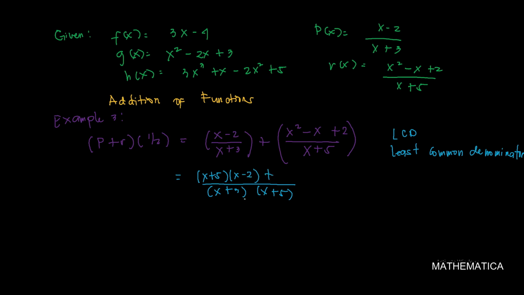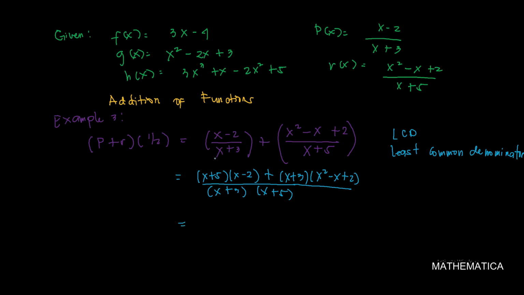Plus, next, x plus 3, x plus 5 divided by x plus 5. Makakancel naman natin this time si x plus 5 kasi they are common factor. Matitira ngayon si x plus 3. So, we will have x plus 3 multiplied by x squared minus x plus 2.